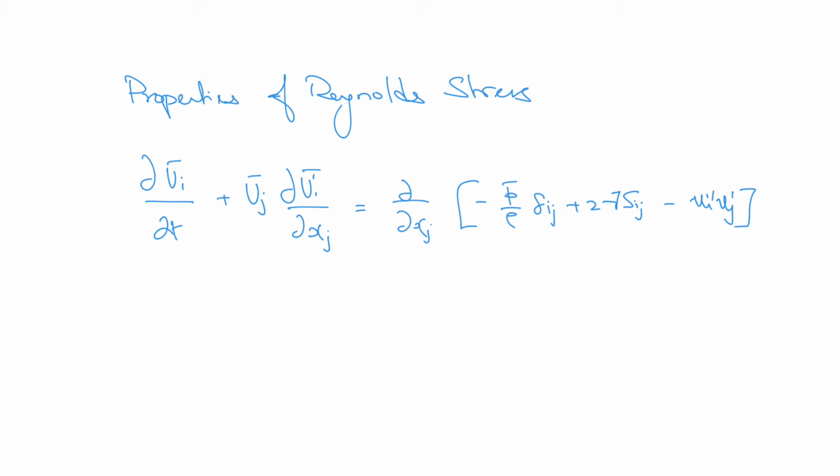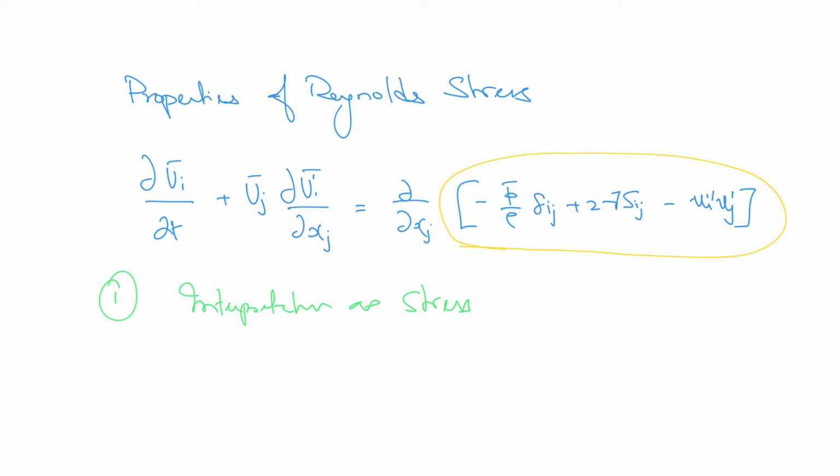Now, the first property of Reynolds stress is the interpretation of these Reynolds stresses as stresses. Why do we do this interpretation? Because we have these terms on the right hand side. These three terms are clubbed together, and they have the same or similar dimensions, so they should be conveying the same meaning.